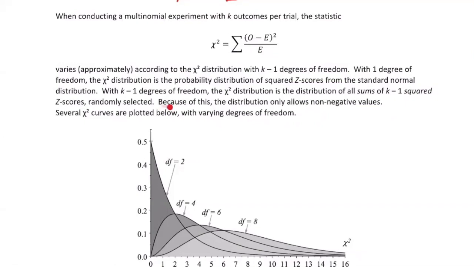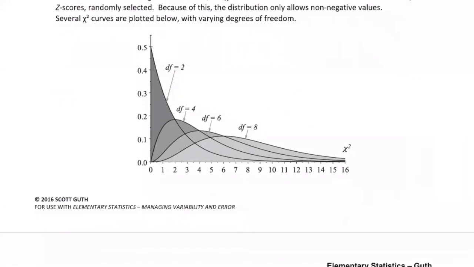Because of this, the distribution only allows non-negative values. That makes sense too, because these are sums of squared z-scores. It can never be negative. Several chi-square curves are plotted below with varying degrees of freedom. It's kind of cool looking. I don't know if you can see, these are all skewed to the right. 8 degrees of freedom is here. It's looking more bell-shaped, and it is possible to show that chi-square distributions get very wide, but they also approach normality.